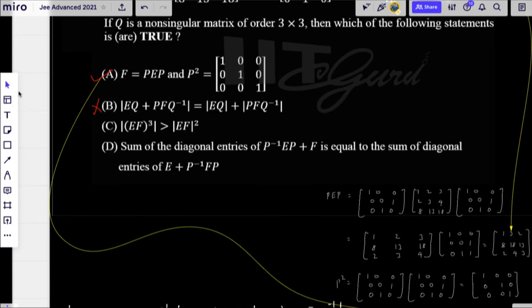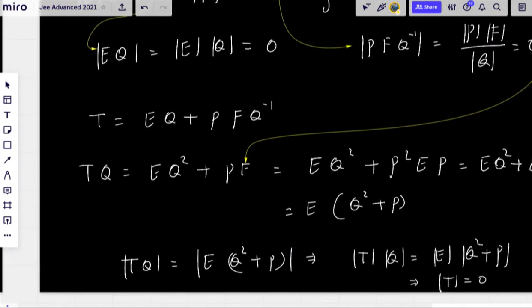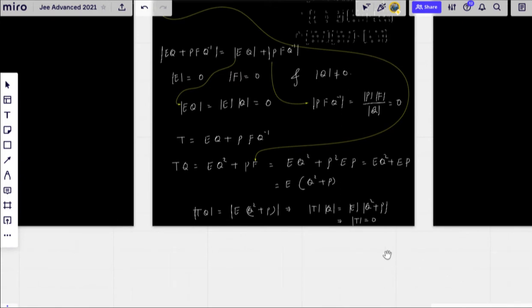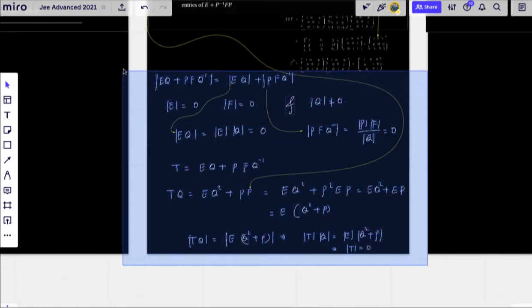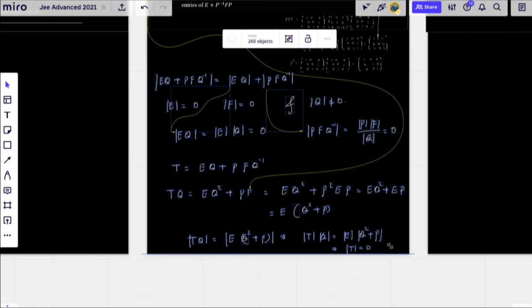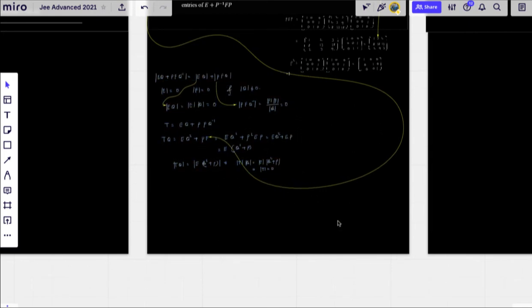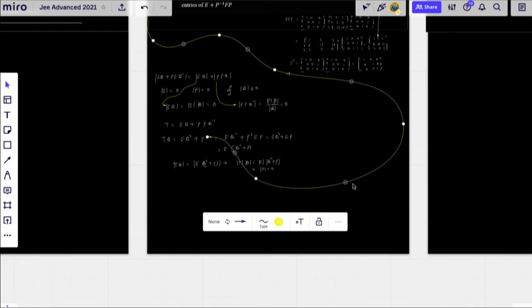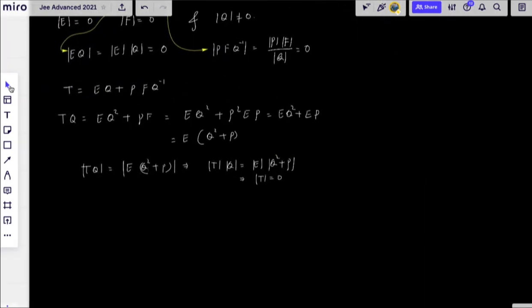If we see the C and D options, before we check the C option, let me shrink this entire value over here. So let's see this much. What about this one, Q inverse?